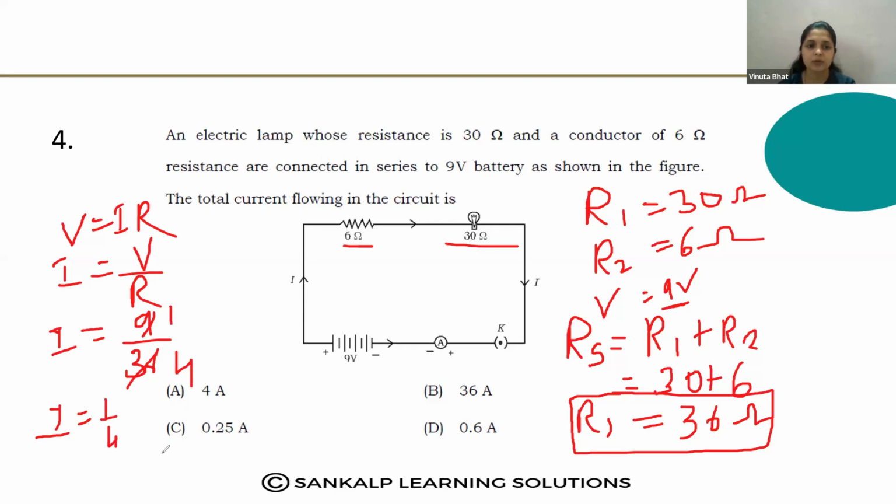If you simplify this, that is 0.25 ampere. The correct answer is option C, 0.25 ampere.